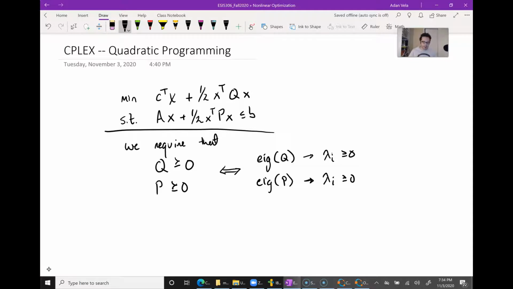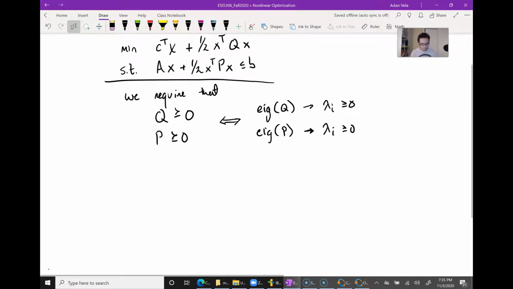All right, so why does this matter? Well, for starters, let's study this idea of Q. If Q is positive semi-definite, then this essentially implies that our objective function is convex.